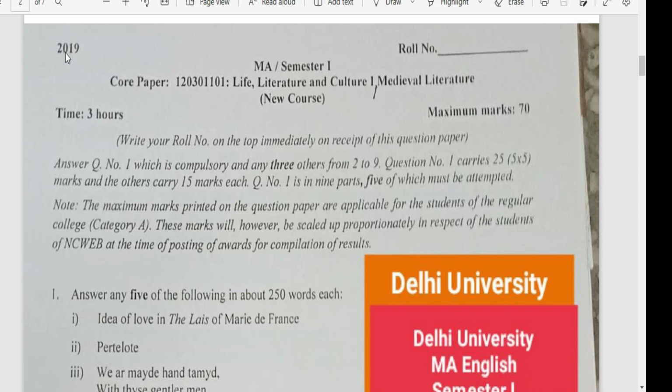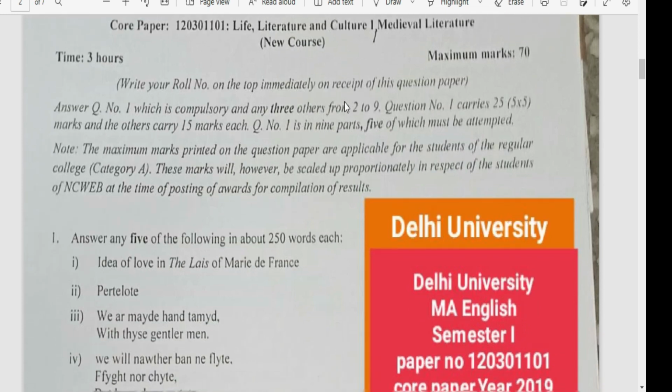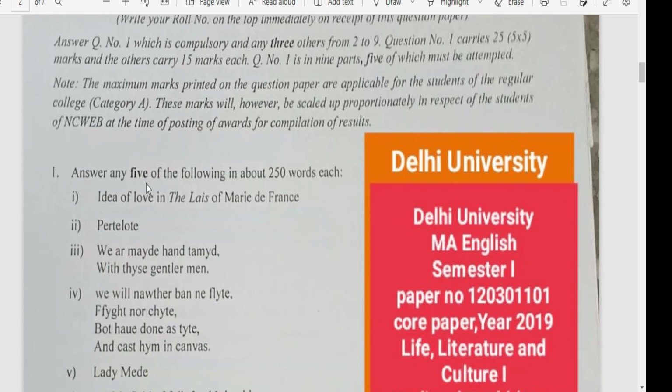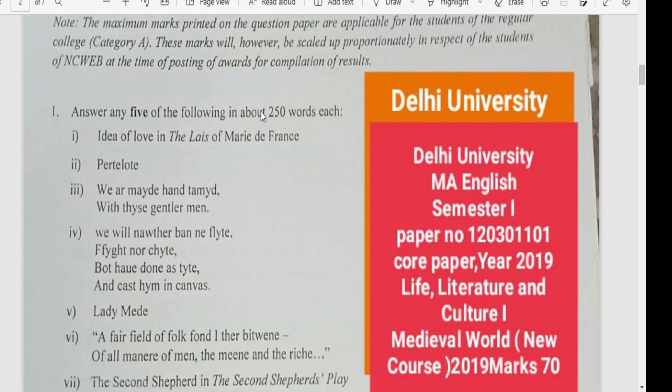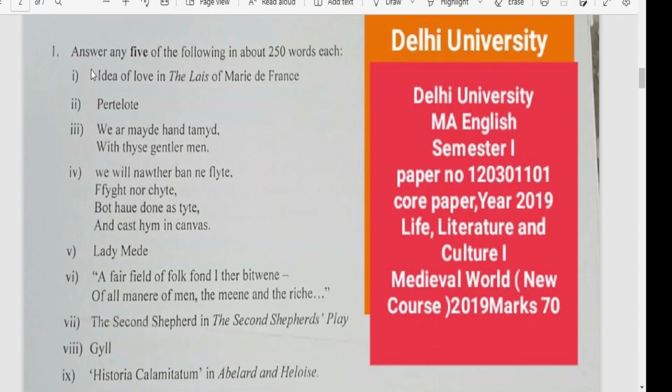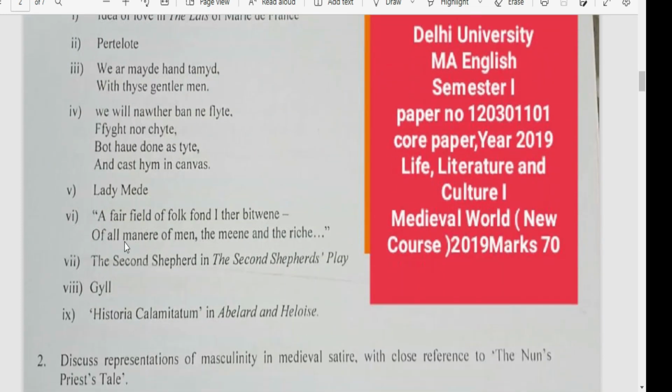Right? And then I come to the next paper. This is a core paper, and the paper number, you remember, this is MA Semester 1, core paper of 2019, 120301101, Life, Literature and Culture: Medieval Literature.